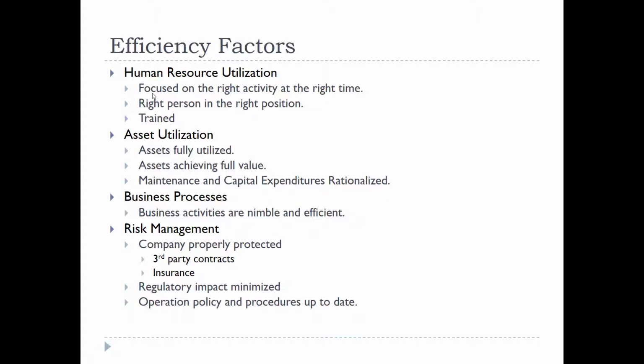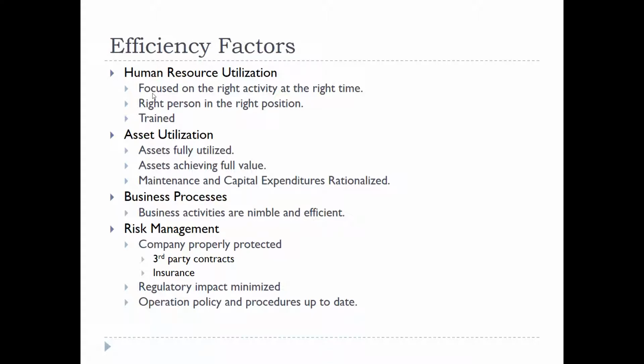And are we training them properly to be able to be successful? Of course, asset utilization. Whatever the assets are, are they being fully utilized, or are they underutilized? Can we achieve full utilization? And of course, your maintenance and capital expenditure and rationalizing them.